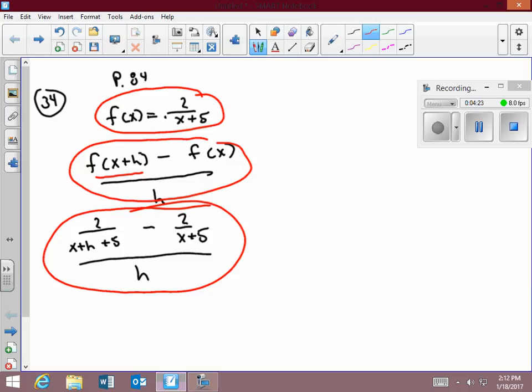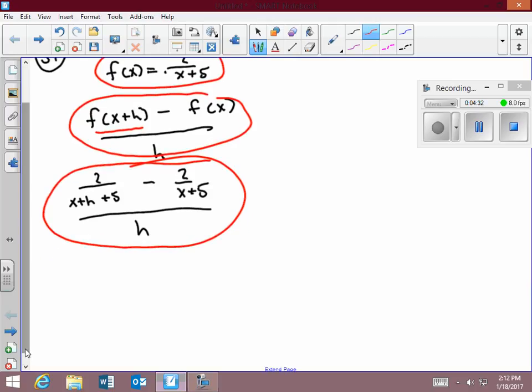Now comes the part that is, you see this 2 over x plus h plus 5, and then this minus 2 over x plus 5 do not have the same denominator, correct?